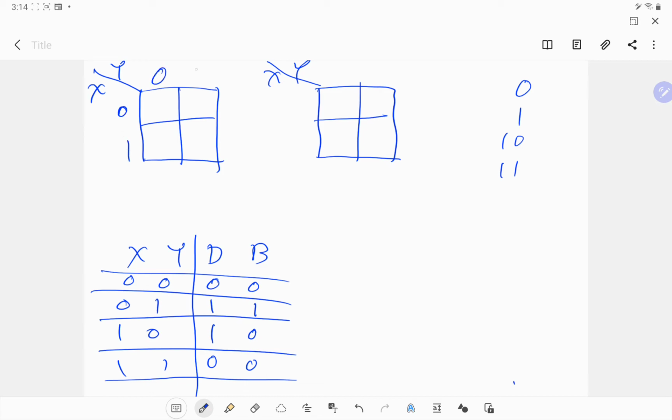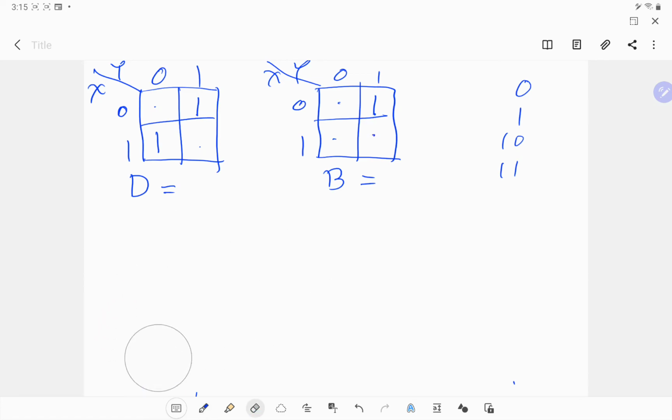For D, we have 0, 1, 1, 0. And for B, we have 0, 1, 0, 0. We don't need the truth table anymore.